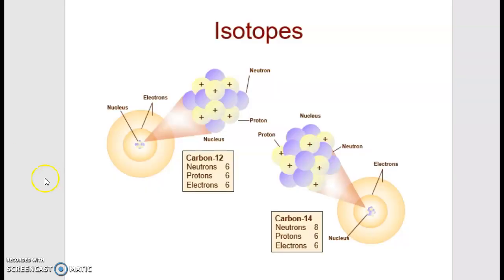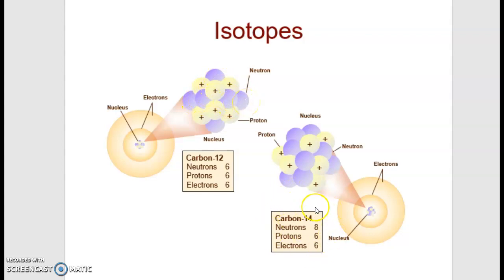So let's look at these 2 examples. This is carbon-12 right here, and this is carbon-14. Now they've broken this down for us. Carbon-12, 12 is the mass number, so it has 6 neutrons, 6 protons, and 6 electrons. And if you really wanted to count these neutrons, you could see 1, 2, 3, 4, 5, 6.